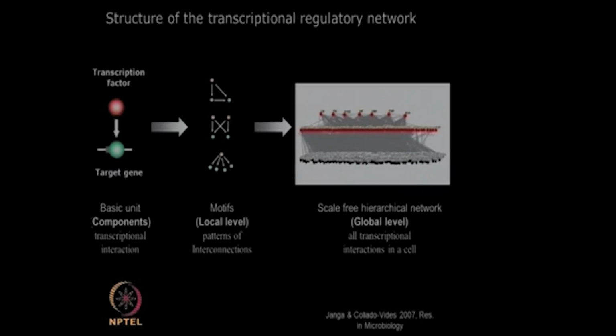But in addition to this, it's also a hierarchical structure, wherein there are a set of transcription factors which are able to regulate a large number of genes, and there are other transcription factors which are also controlled by these global transcription factors shown at the top of this network structure.